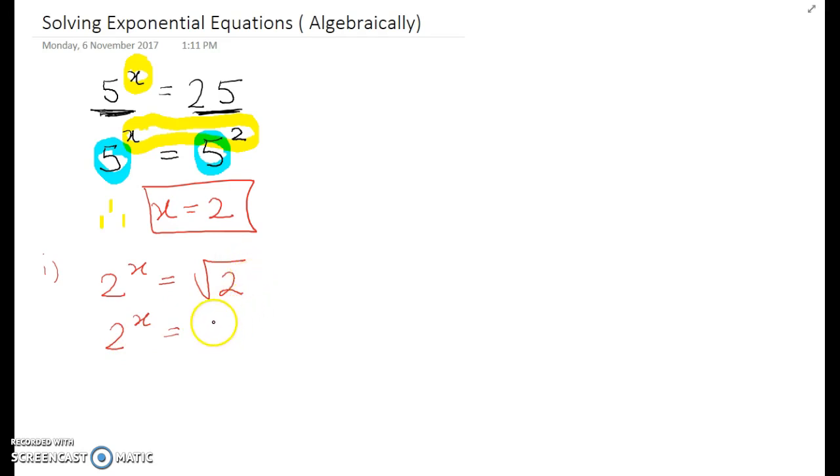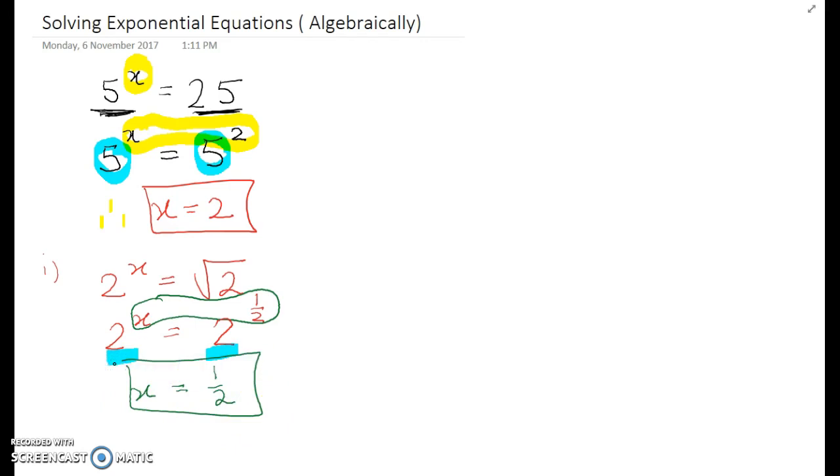We know the square root of 2 is the same as 2 to the power of half. You have seen that before. Now again, we have the same base, 2 and 2. Beautiful. Now all we have to do is equate the indices, which means x is equal to half. And this solves this equation as well.